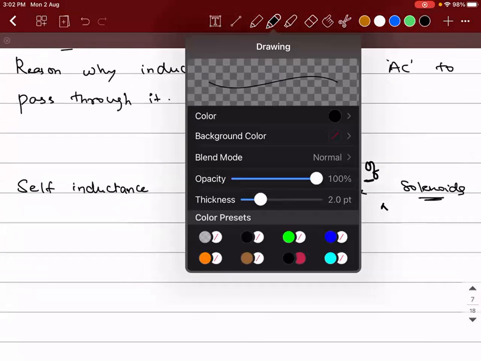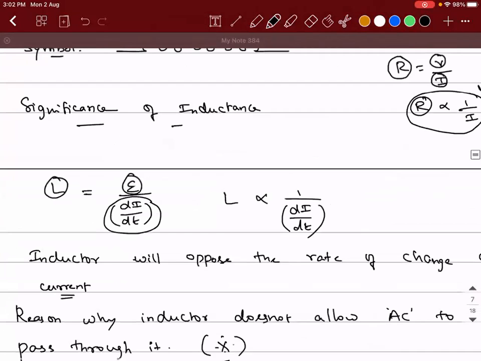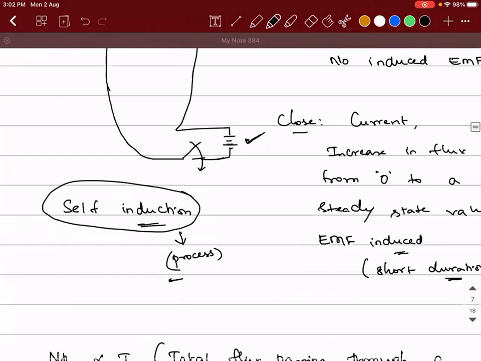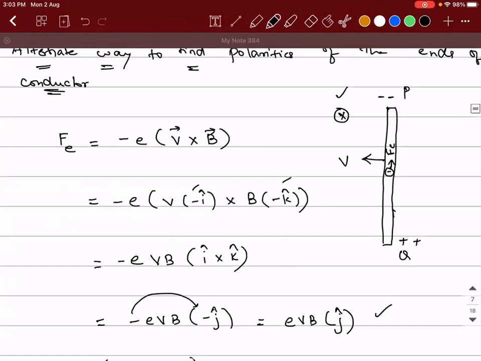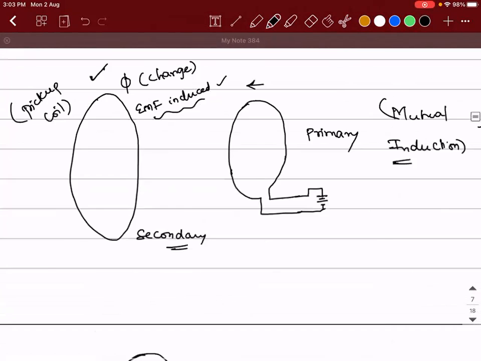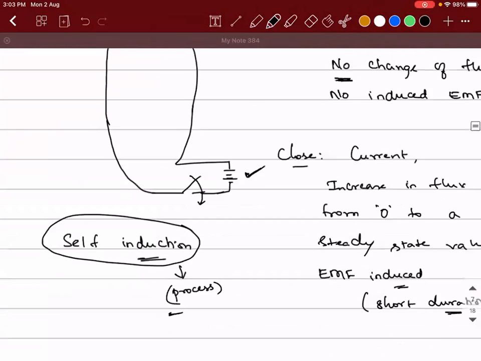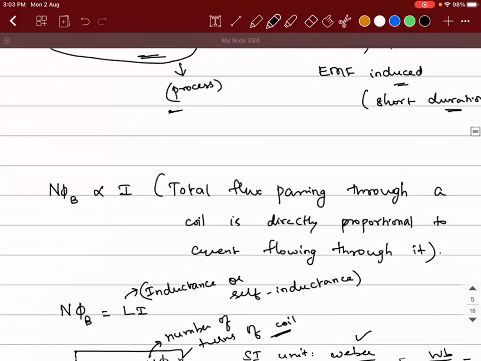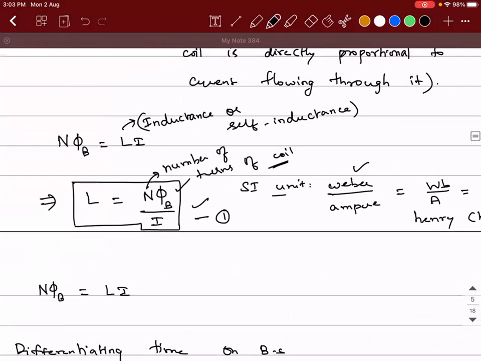We'll get started. So before we get started with self-inductance, let's recollect what inductance means. Inductance is defined as the ratio of flux to current.